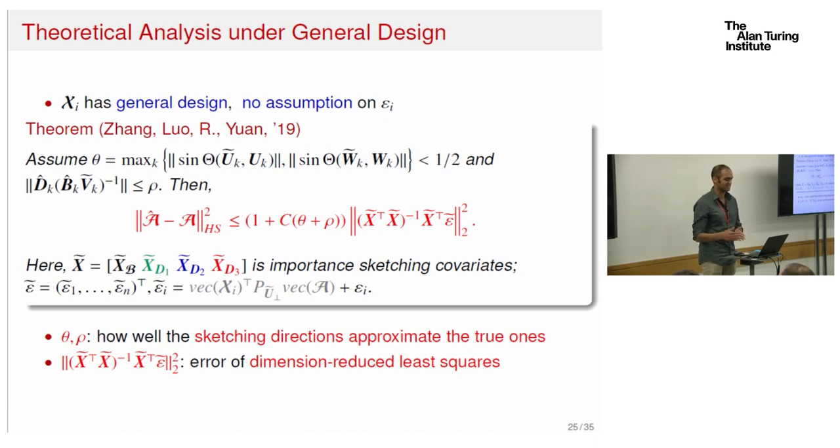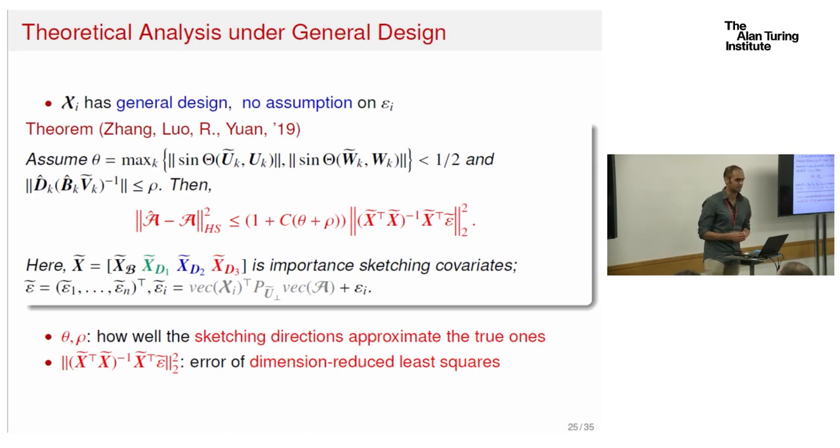So rather than having x, we have this x tilde, which in practice should hopefully be lower, and we'll see that that's the case under certain assumptions on our design matrix. And the other key point is that we have to assume that our sketches are pretty good.